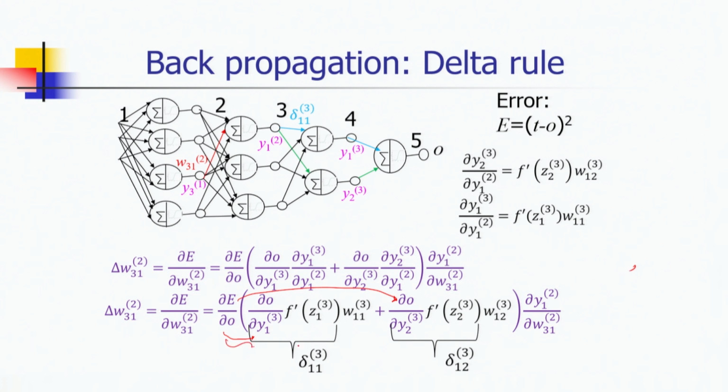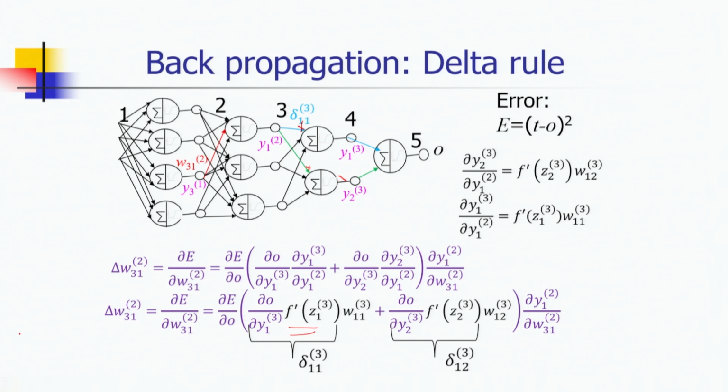The whole thing should be considered delta, because by definition delta 113 means delta E by delta y13, and delta 123 is delta E by delta y23. That means the gradient of error with respect to this point and the gradient of error with respect to this point, whichever way you can consider it.